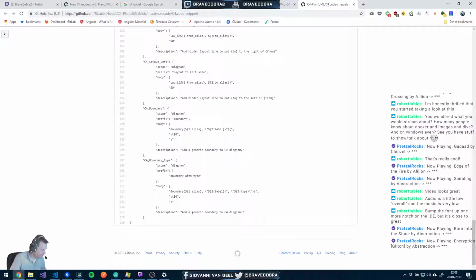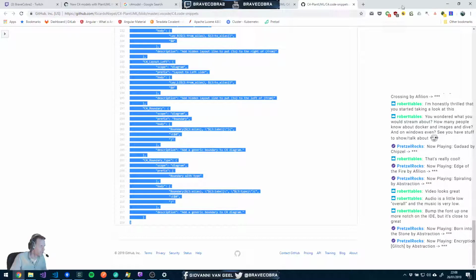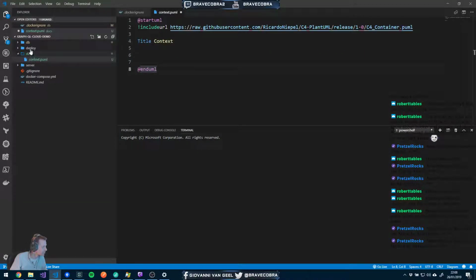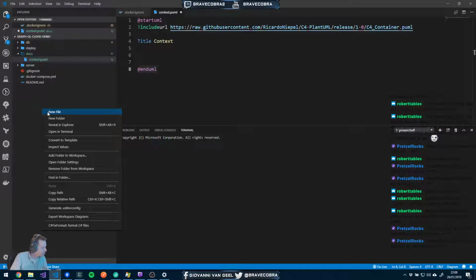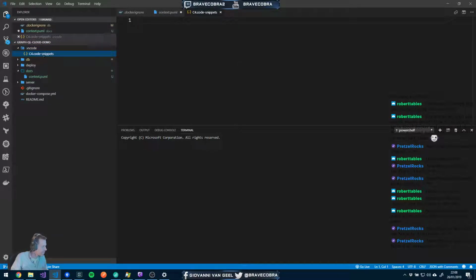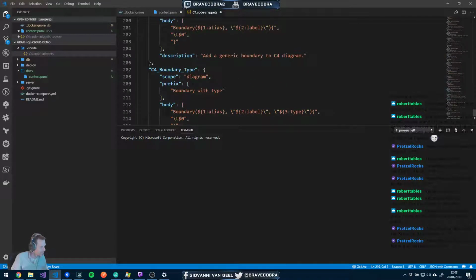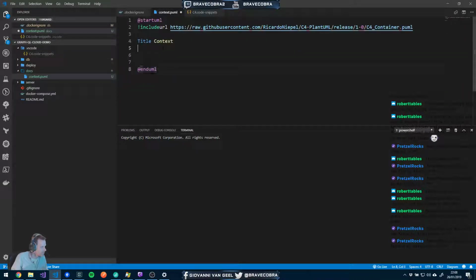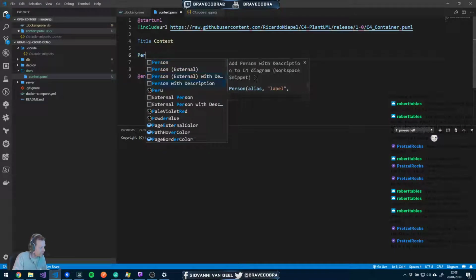And if you grab that file, copy it in, and you were to add it to, let's generate that VS Code folder, and you add that new file and call it C4 dot, I think it was code snippets, right? Yeah. You paste that one in, save it, then now we should have indeed some code completion.